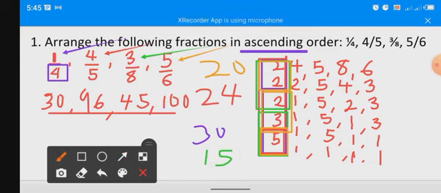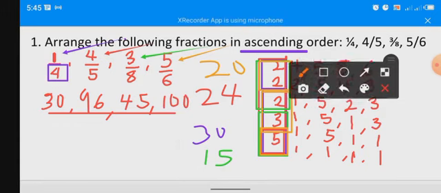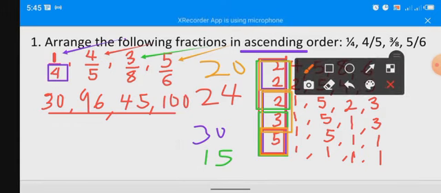Now, you could arrange these fractions in either ascending order or descending order. Ascending order is from the smallest to the biggest. Descending order is from the biggest to the smallest. Now let's arrange in ascending order. What's the smallest there? 30, right?